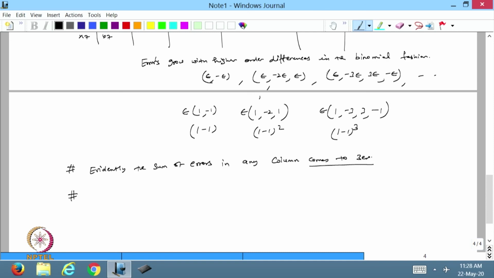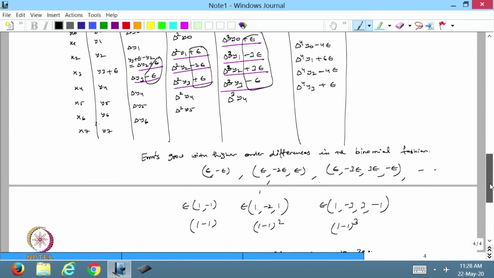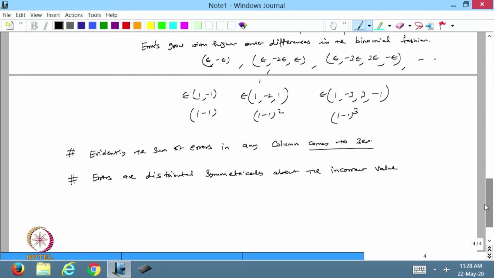And the second one is errors are distributed symmetrically about the incorrect value. So, incorrect value means, like this one I have taken y3 in our case.